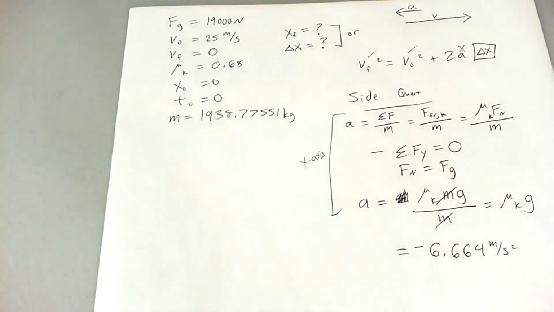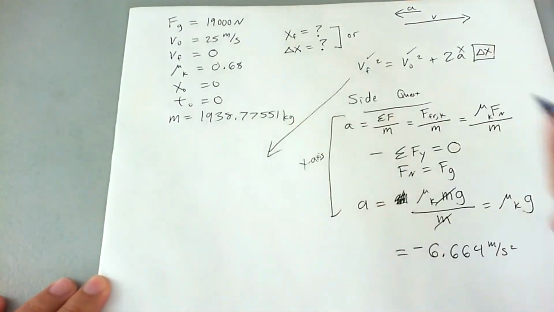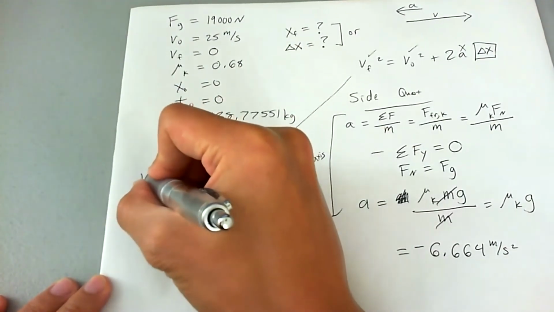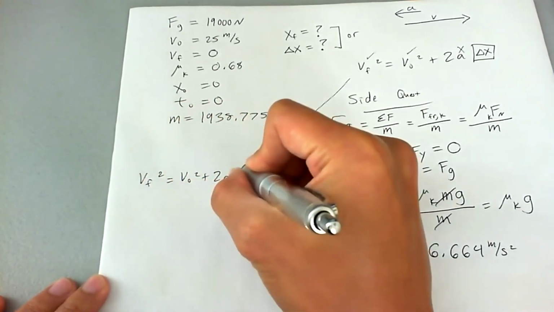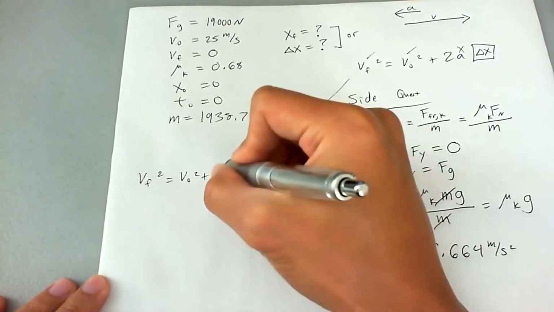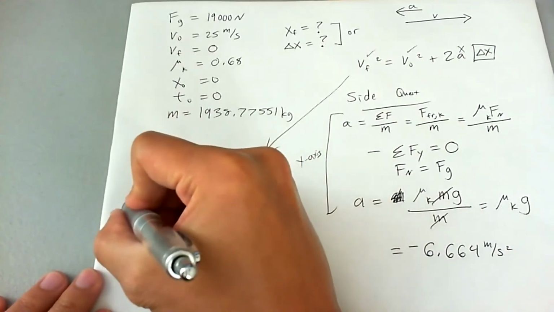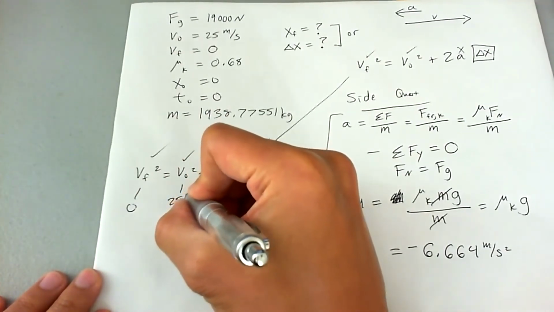So from this side quest, let's plug it into the original kinematic equation, which we're going to bring down here. So V F squared is equal to V naught squared plus 2 a delta x. And now we know all of these three parameters. V F is going to be 0. V naught is going to be 25 meters per second.